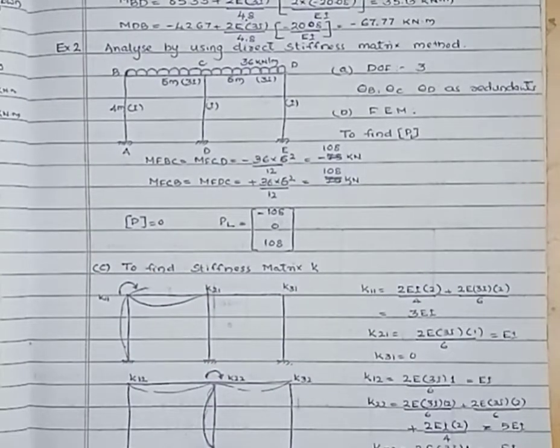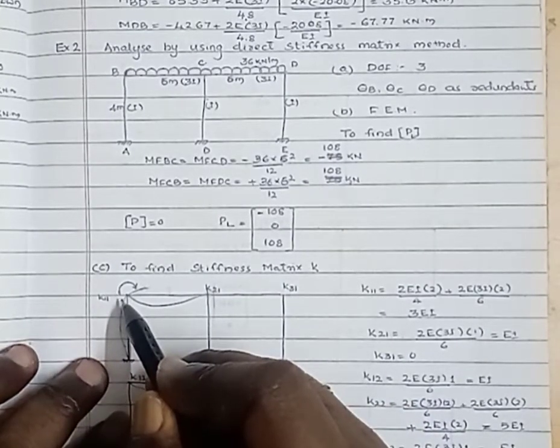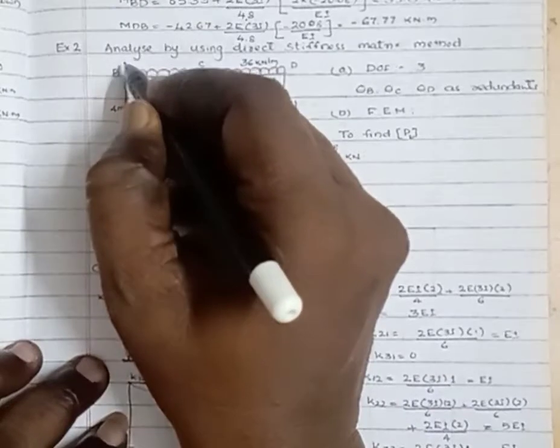Then the third step: here we apply the unit rotation at coordinates 1, 2, 3 separately. Here we apply the unit rotation at coordinate 1. This one is coordinate 1.